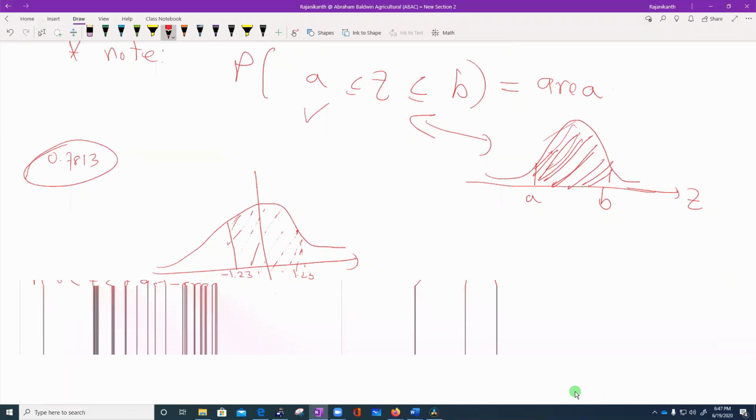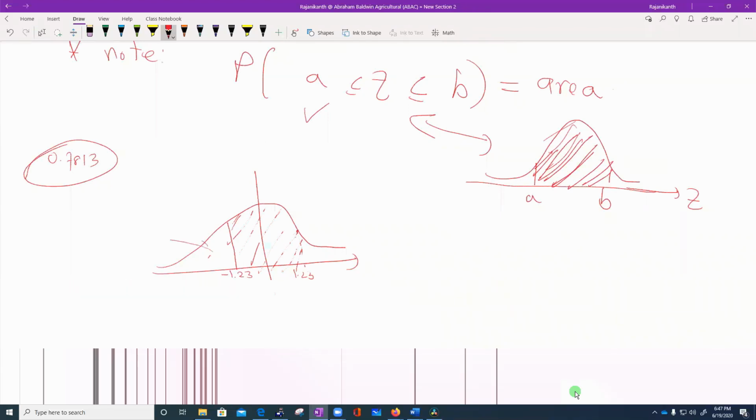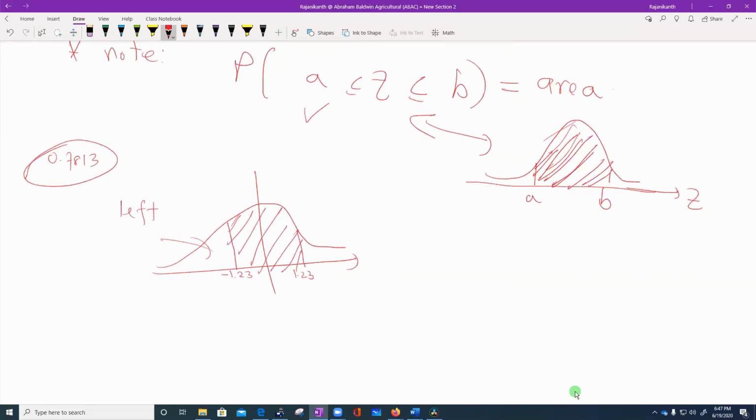Yes, sir. If you want to use the table, what is the easiest way? The easiest way is finding the left area first. I believe you might have found this area. How much did you get? 0.1093.